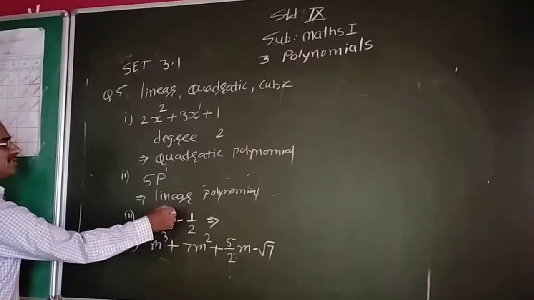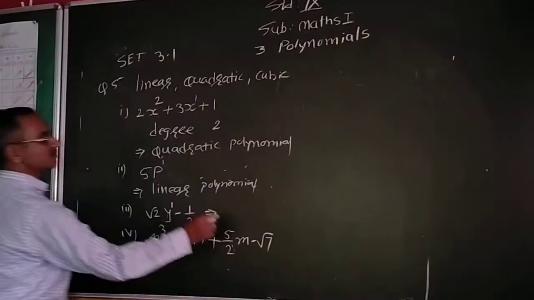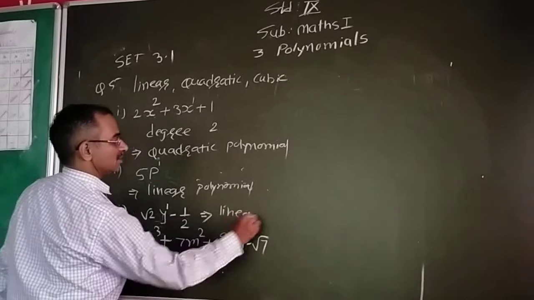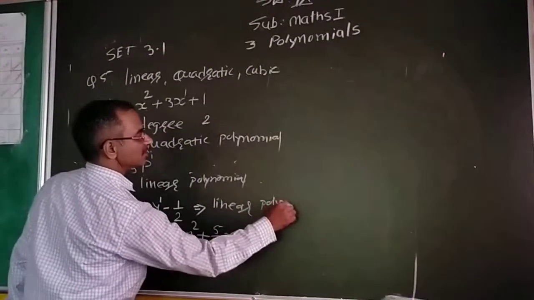Here the highest power is 1, so it is also called a linear polynomial. Linear polynomial.